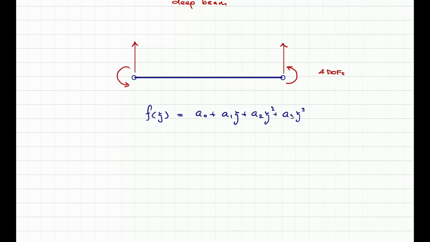This is the highest order of polynomial that we can use for this given beam element, 2 nodes, 4 degrees of freedom.